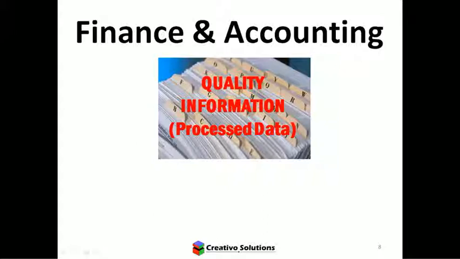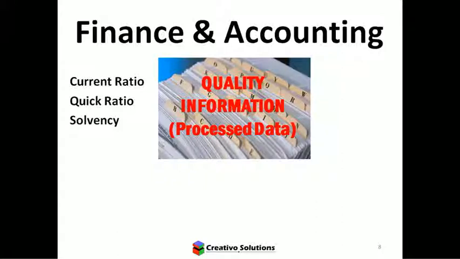When looking at finance and accounting, there are certain things that we can calculate to help us with the decision making, and that would be considered ratios or ratio analysis. When looking at the quality information that we've derived from the financial statements, we can take that information one step further. We can process it even more by analyzing that information and generating certain measures that can help us with decision making.